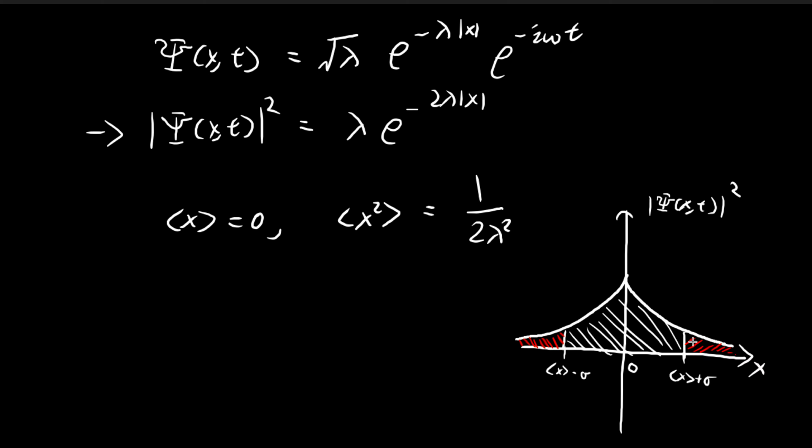By definition, the probability is just equal to integrating throughout these red regions. And because this whole graph is symmetrical, instead of integrating throughout 2 regions, I'm just going to integrate through this region from this point all the way to infinity and then multiply it by 2, because both of these sides are equivalent.